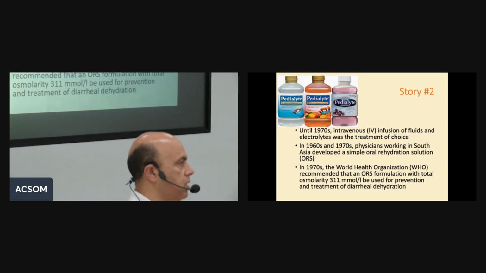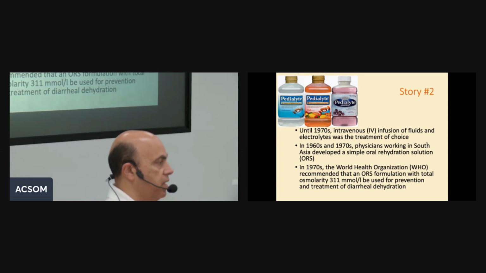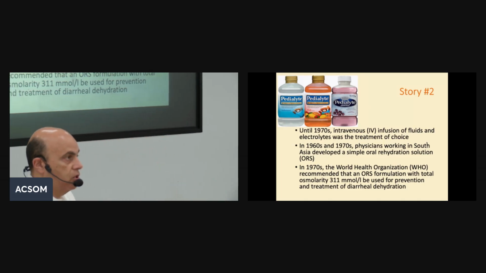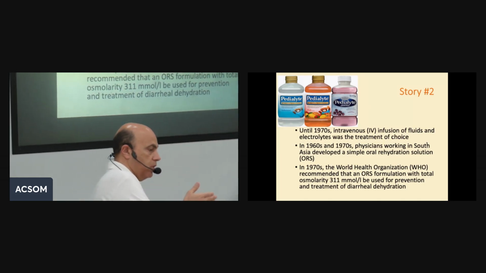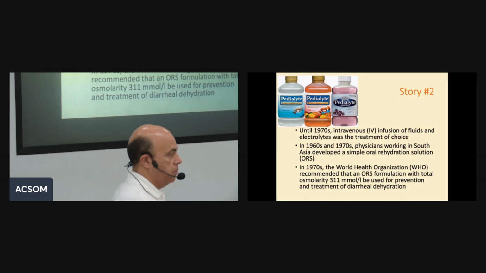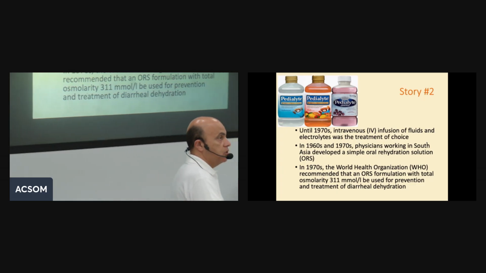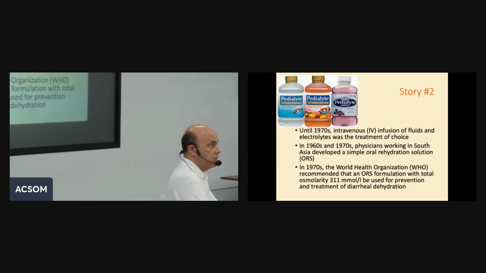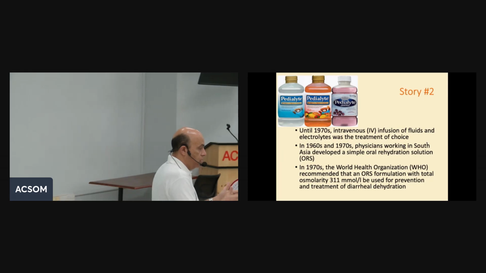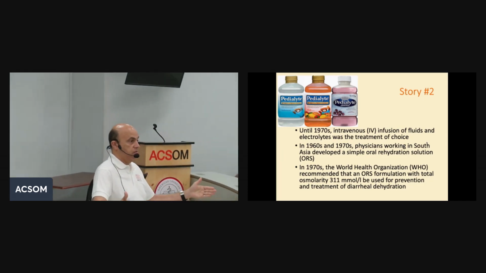Imagine someone gets diarrhea in the village, and to reach a tertiary center or medical center to get the IV, the majority of the people would die in that time frame.